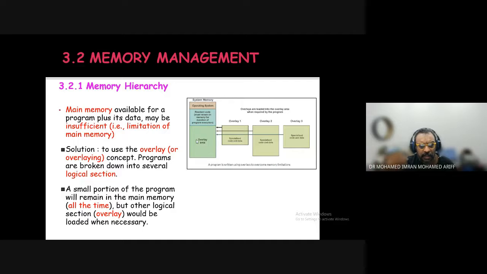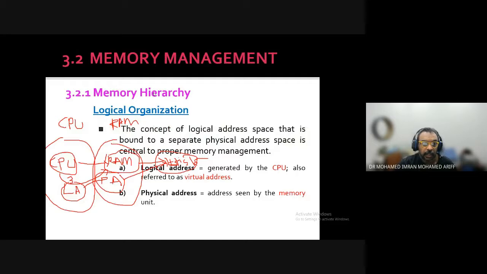This logical address will tell the overlay where it is located. The concept of a logical address space that is bound to a separate physical address space is central to proper memory management. Saya ada lukis kat sini walaupun dia kurang jelas.